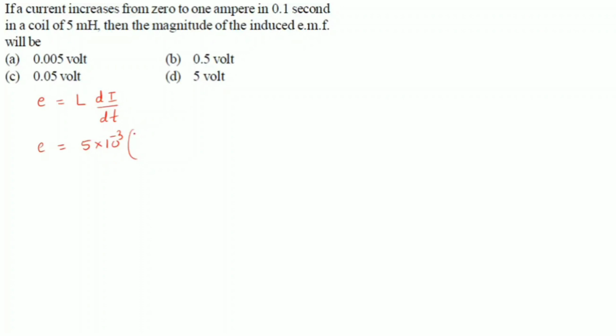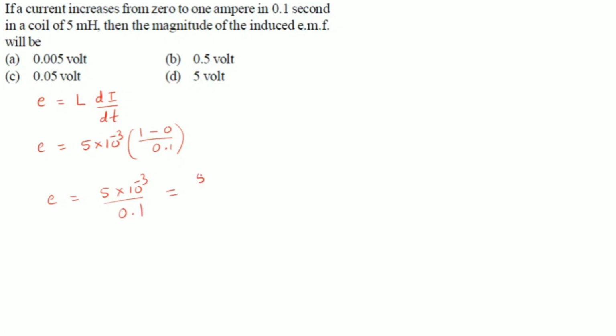So di, change in the current. The changing current is from 0 to 1, so we can write 1 minus 0, final current minus initial, divided by time, which is given 0.1. So E equal to 5 into 10 raised to minus 3 into 1 minus 0, which is 1, divided by 0.1.